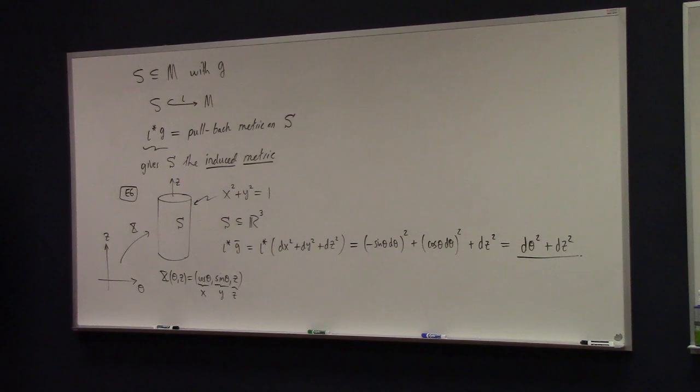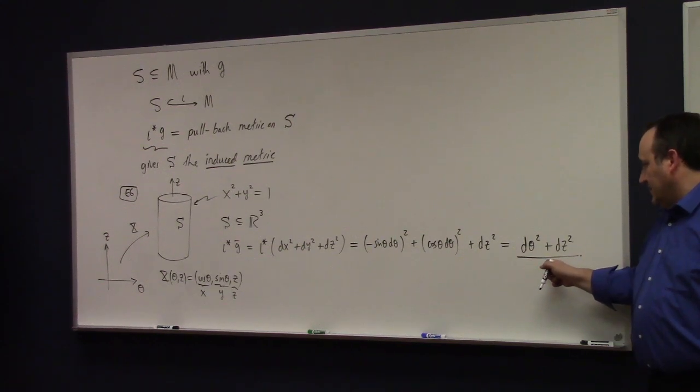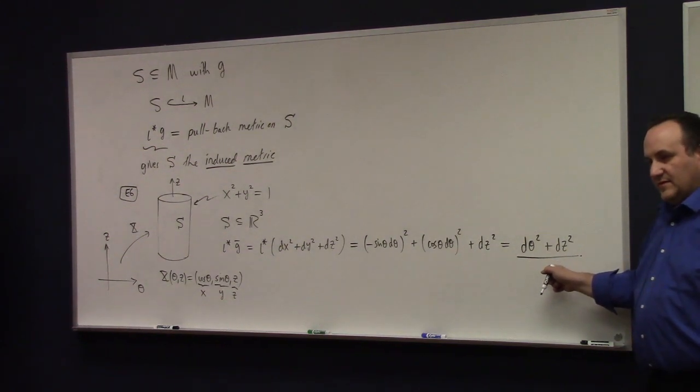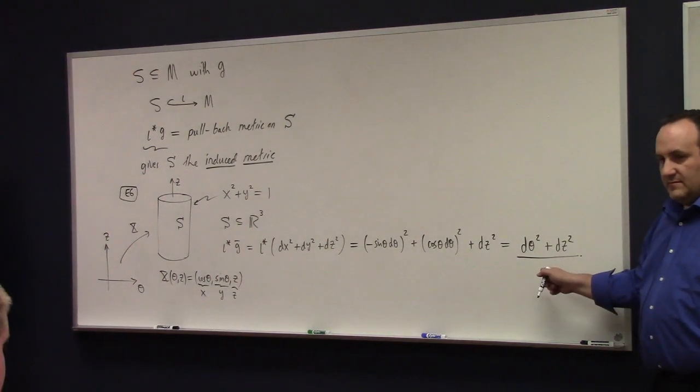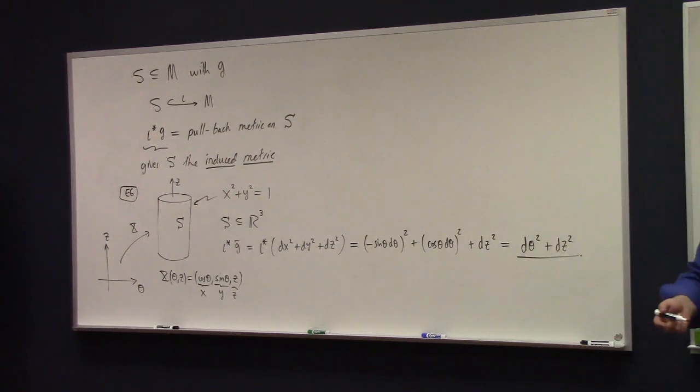It's flat. Why? Because that is the plane metric. That's right. The plane of theta and z. If I use theta z coordinates on the cylinder, the components are the Kronecker delta, ij, with respect to 2 dimensions. So the cylinder's flat.